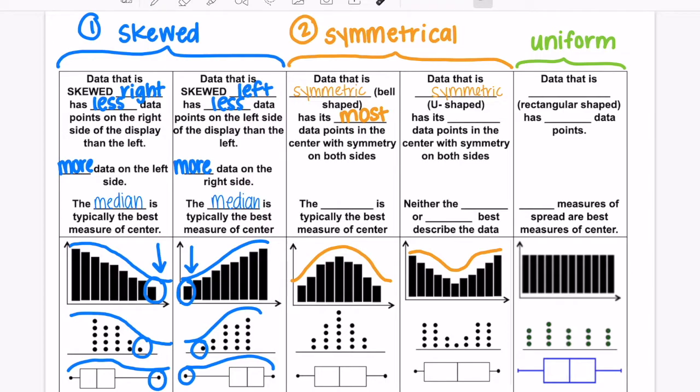Symmetric and bell-shaped just means that you can cut it in half, and you have most of it here in the middle, and then it's symmetric on these sides. Because most of your data is in the middle, your mean, or the average, is going to be your best measure of center. That's for any bell-shaped distribution.